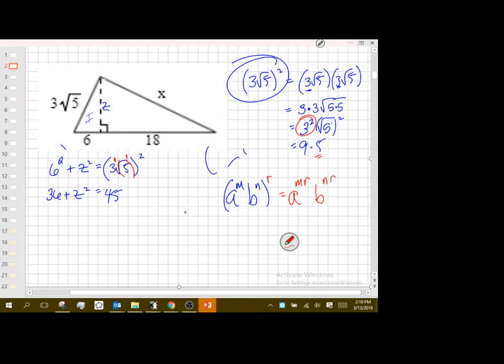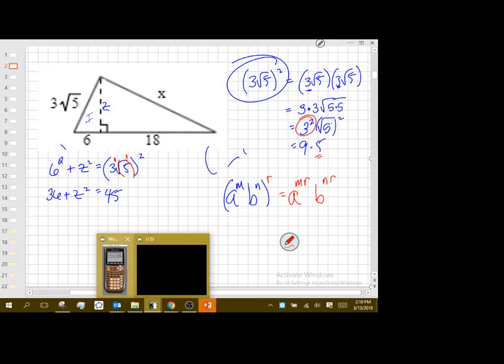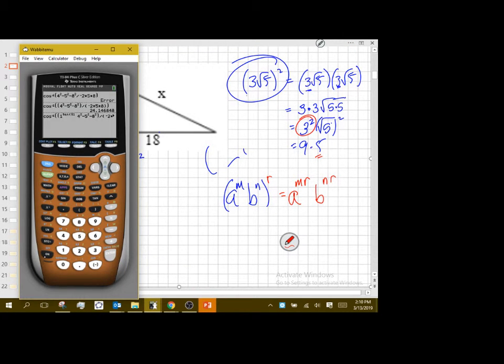Okay. Now, if I were to use my calculator, I know I should be looking for 45. If I were to take 3 radical 5 and square that like this, that's going to give you 15, because the order of operations says that the exponent goes only to the thing that is directly behind.